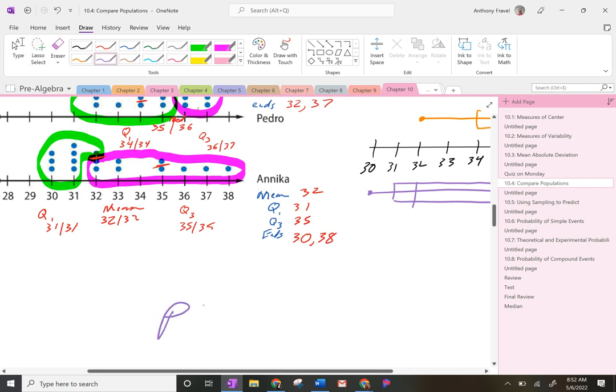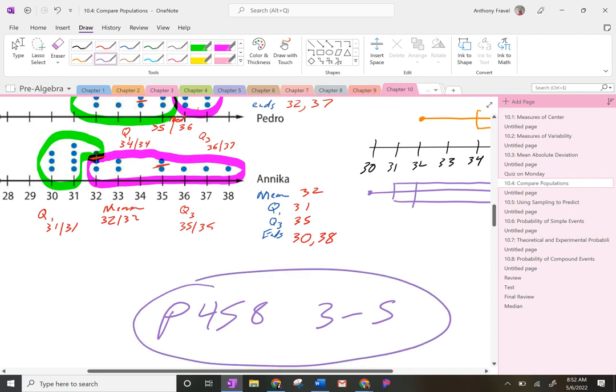Page 458, 3 through 5. Numbers 3 and 5, you will have 2 different box plots. Your job is just to tell me the mean, quartile 1, quartile 3, and the ends. And then number 4, you're going to make 1 double box plot.